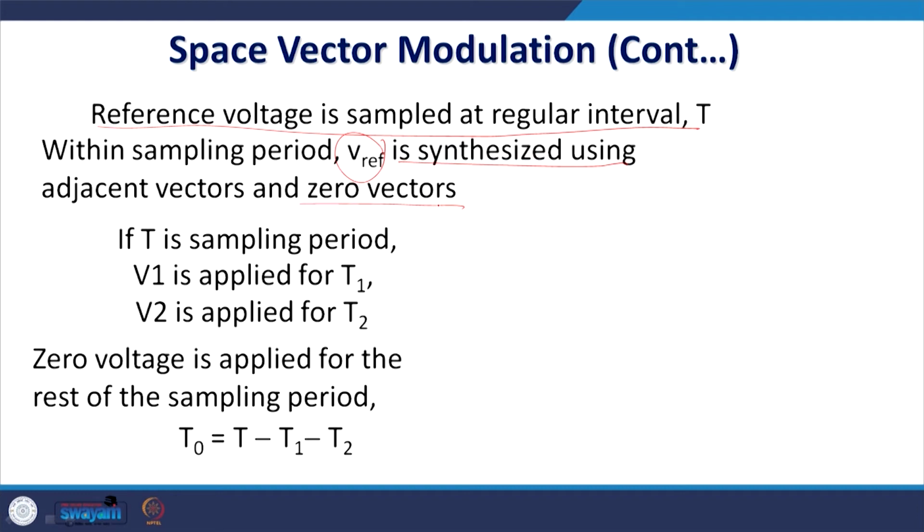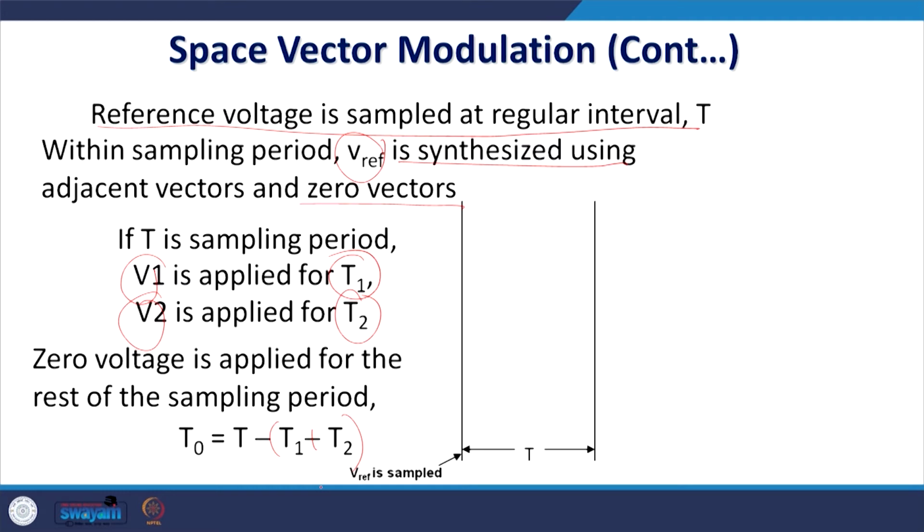If T is the sampling period, V1 is applied for the time T1 and V2 is applied for the time T2 and zero voltage is applied, as I told you, for the rest of the sampling period. So, we have to see the timing diagram of this.